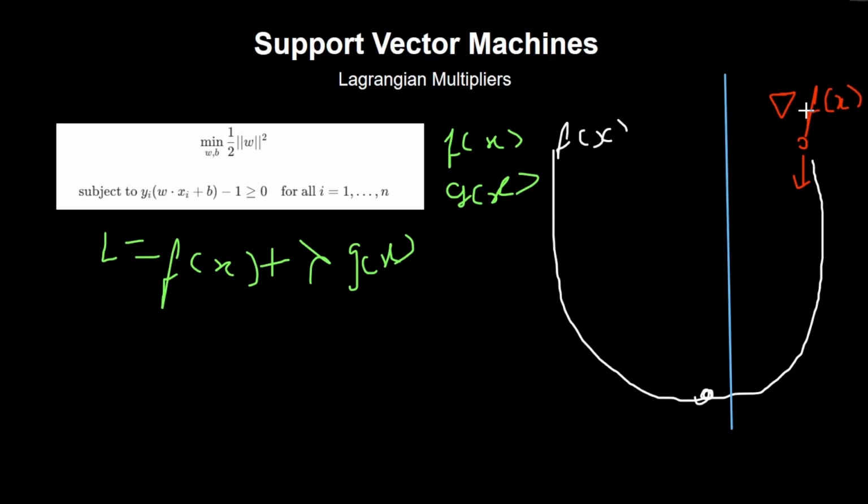Imagine it like a force which is exerted on this ball by this curve. It will be in the opposite direction, so the force will be the negative of the gradient. This is the force on the ball and it's in this direction. Similarly, the wall will exert some force.